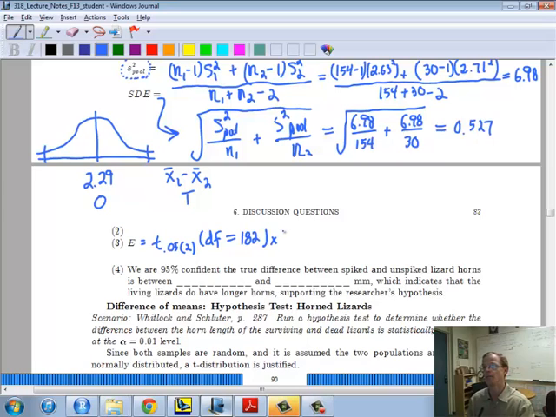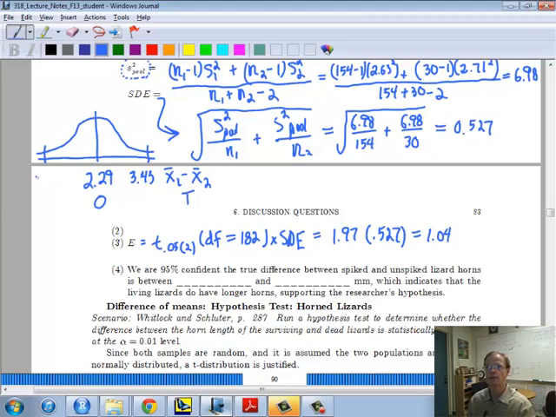Okay, times standard error. So that t-score was 1.97. Standard error was 0.527. That's going to give me an E of 1.04. So my margin of error is roughly 1. We add and subtract here. That's going to take me up to 3.43.